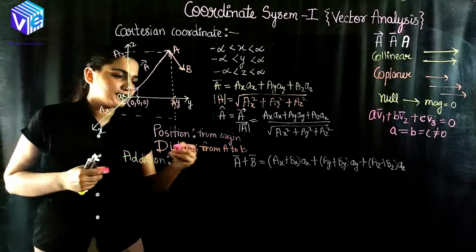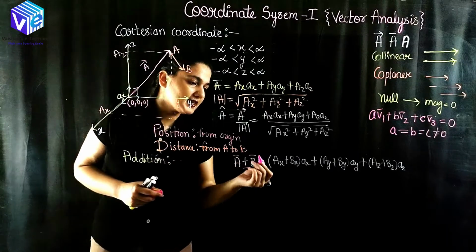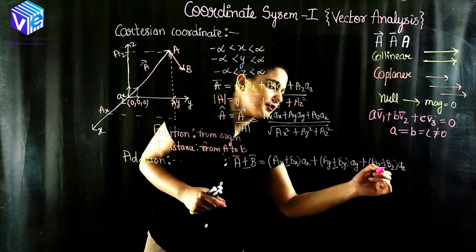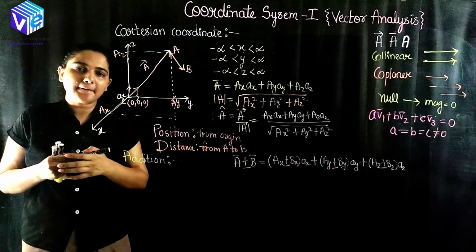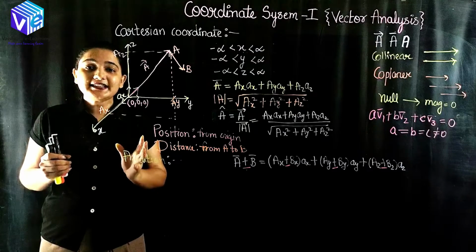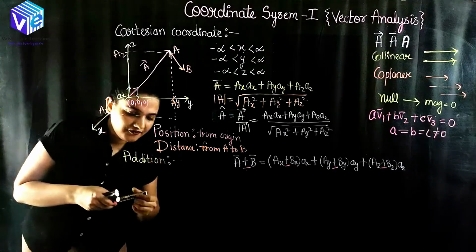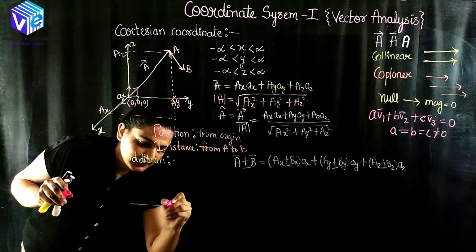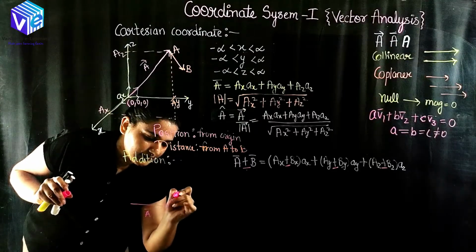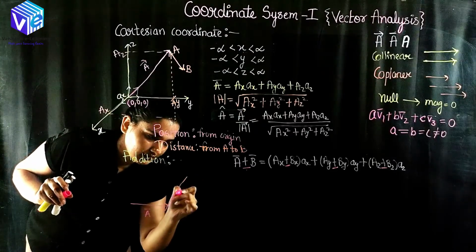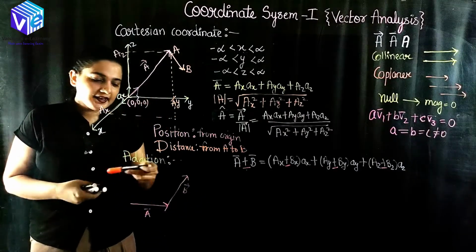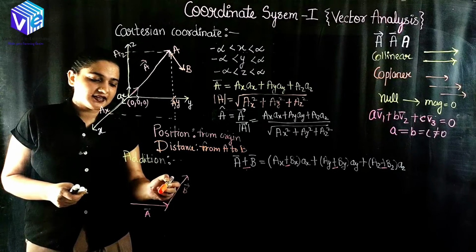If I have to subtract two vectors, A minus B, here we just replace addition with subtraction. So this is A minus B. Now if I have to represent it diagrammatically, this is my vector A and this is my vector B. I can have two types of representation.